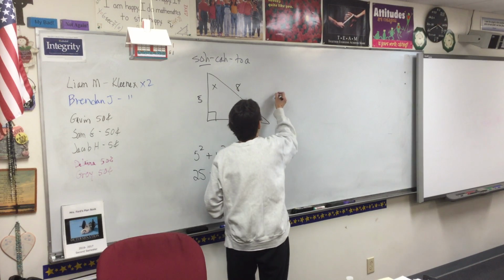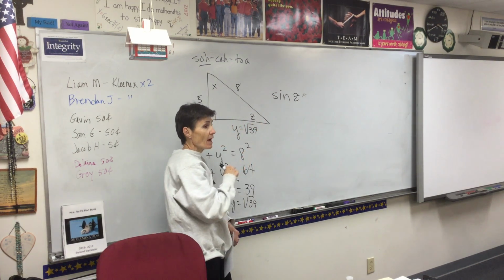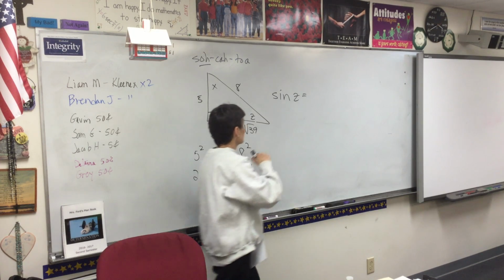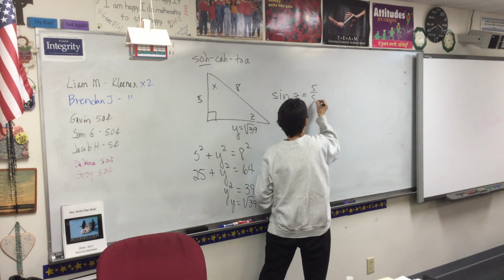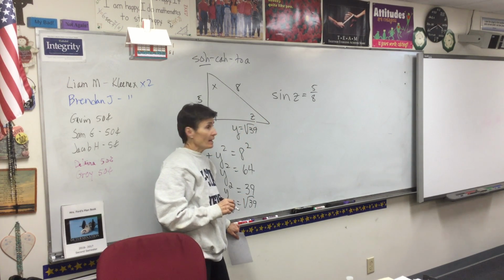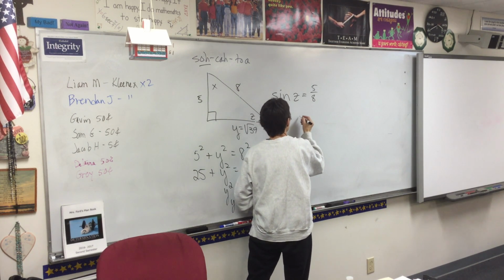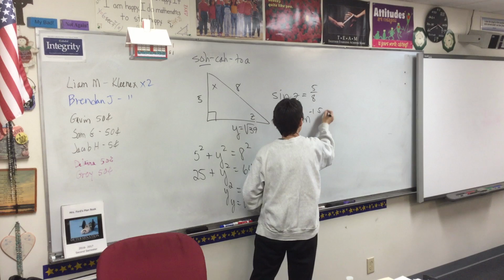So, sine of the angle, and the angle he picked was Z. Sine of the angle equals opposite over hypotenuse. And how do I find Z then? What am I going to have to do? Second sine. So I'm going to second sine 5/8.